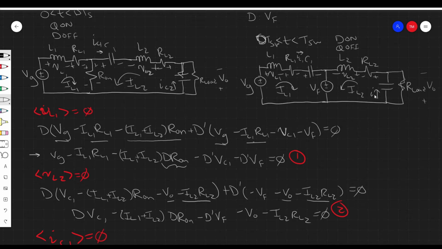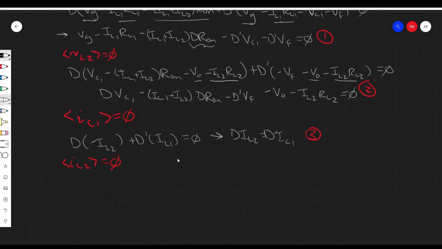In the first switching state, it's equal to IL1 minus V out over R load, and in the second switching state, it's equal to IL2 minus V out over R load. In both switching states, because the inductor is directly connected to the output capacitor, the average inductor current is equal to the average output current.